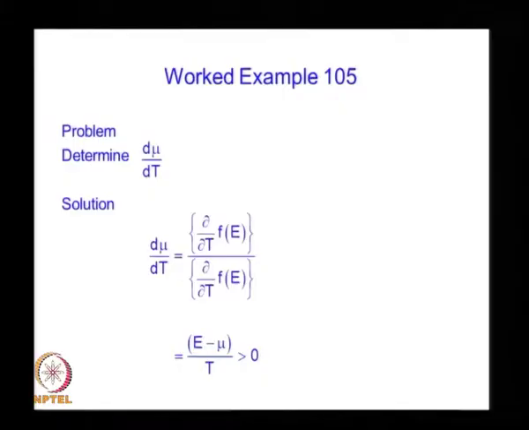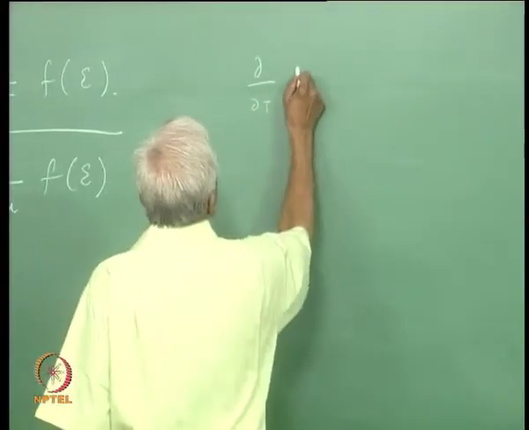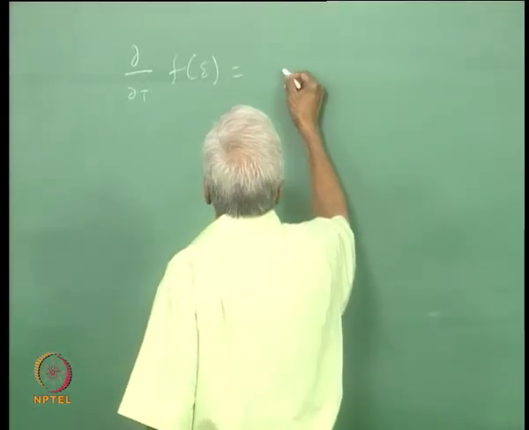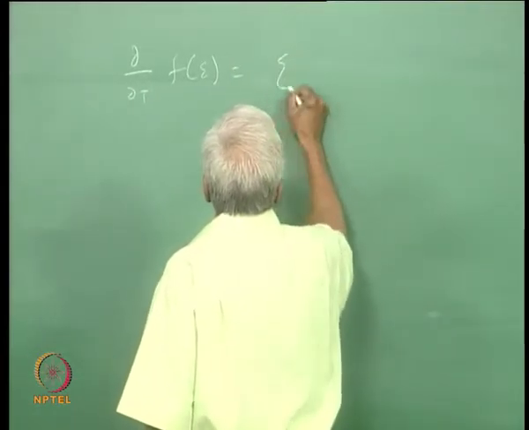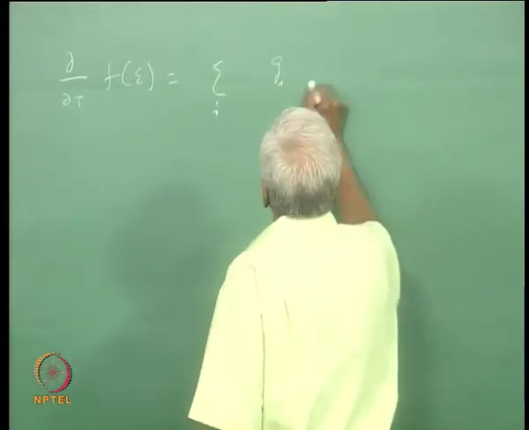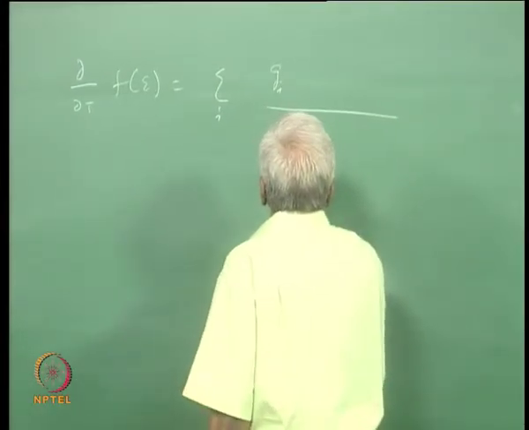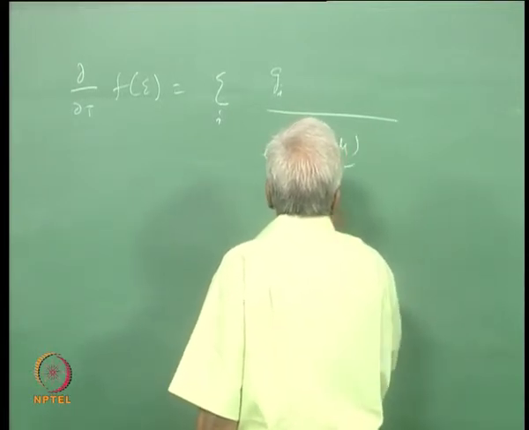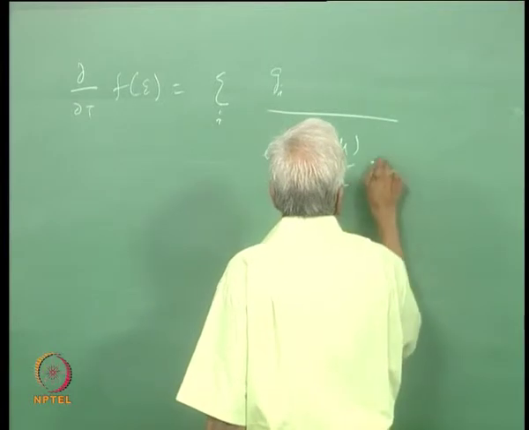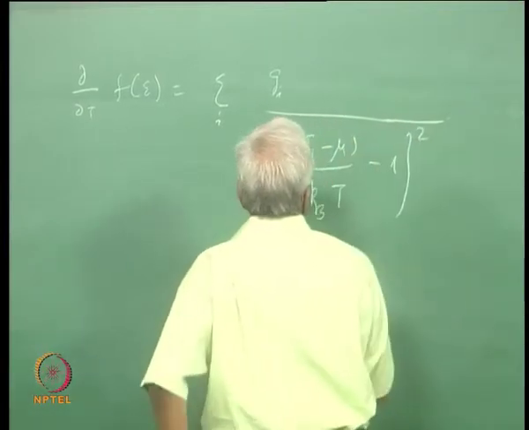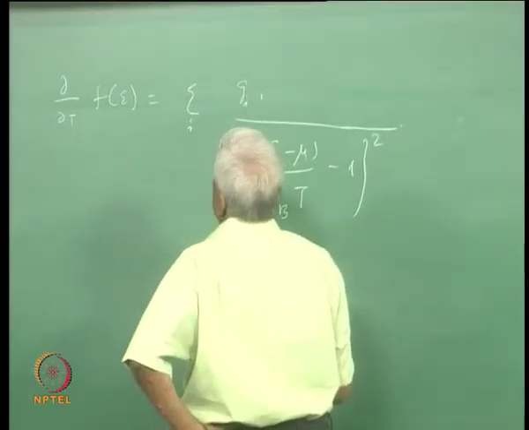Now dou by dou T of f of E is sigma_i g_i then exponential (E_i minus mu) by kBT minus 1 whole square times d by dT of this.